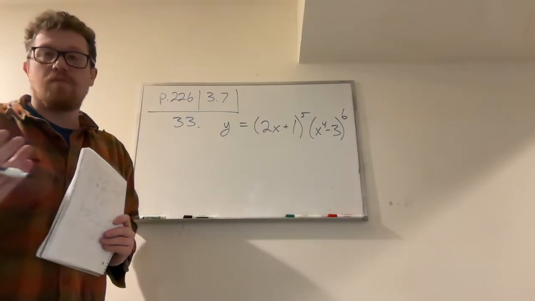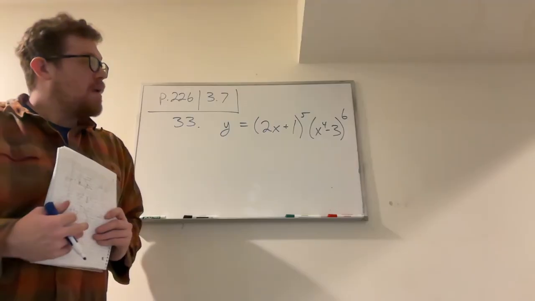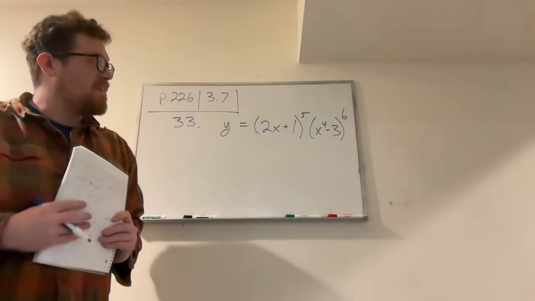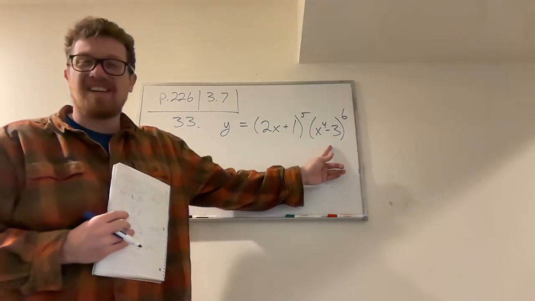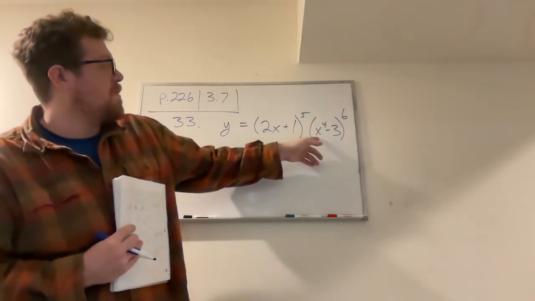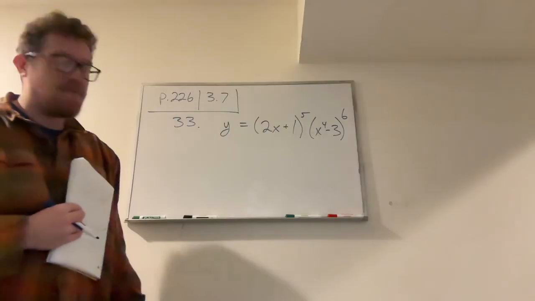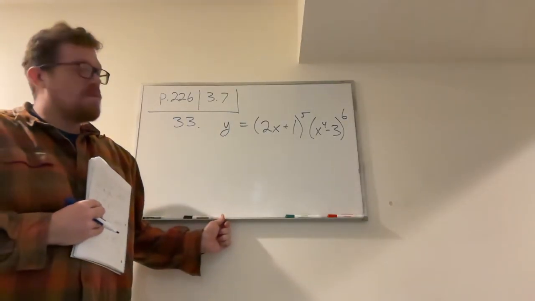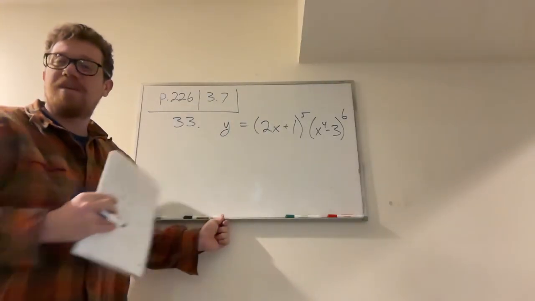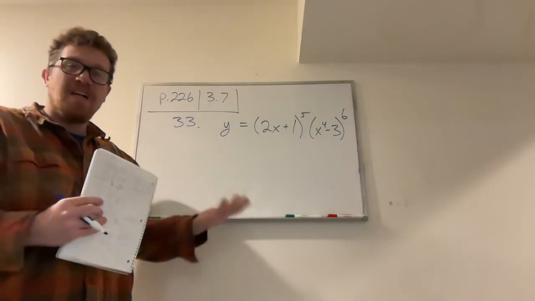But the problem here is that it's like a degree 29 polynomial, which means it could have up to like 30 terms that we have to take the derivative of, right?